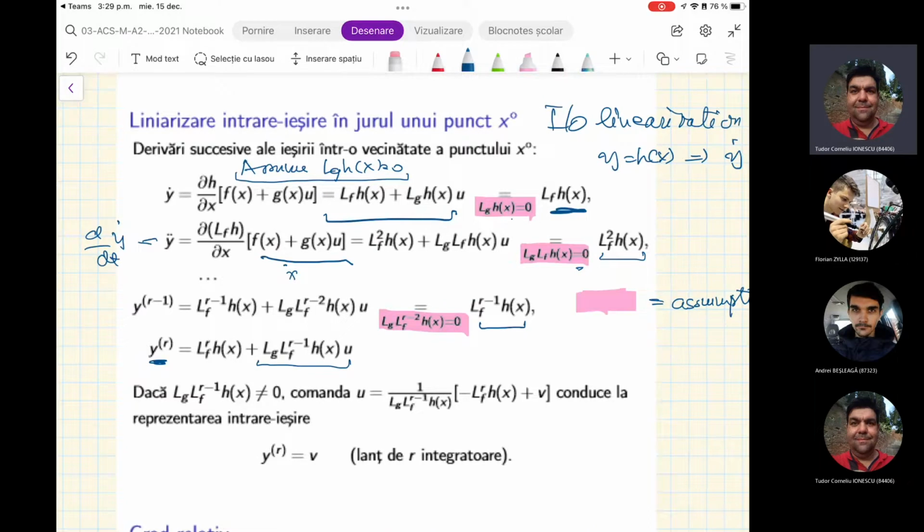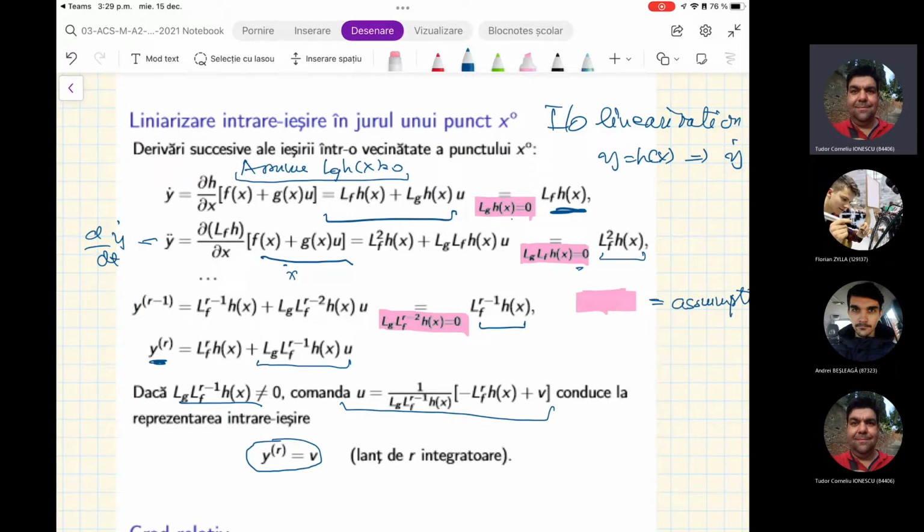And the last term, if this guy is not 0, then you can build u, then you get u to be this guy. If you take this, you'll get the final representation that y differentiated r times is v.